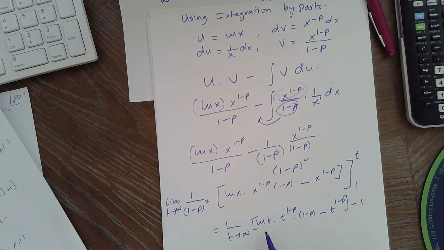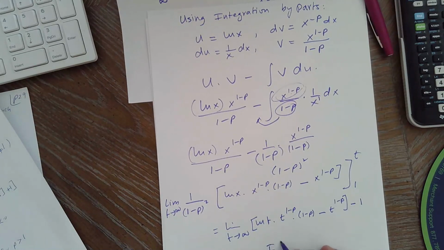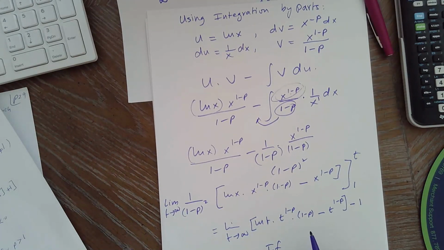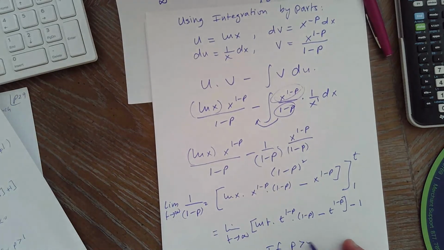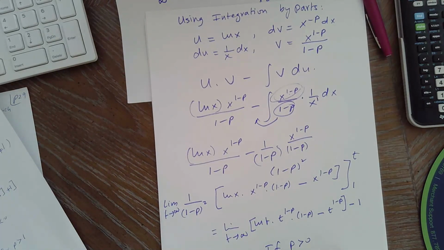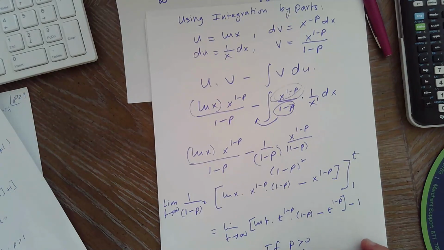So we're doing the limit as t goes to infinity of t to the 1 minus p. Remember, p here is greater than 0, so it could be 1/2, which is no good. We want p to be greater than 1.